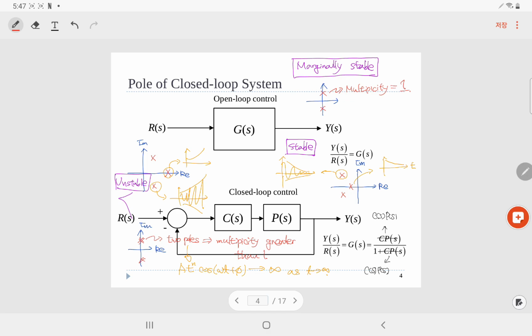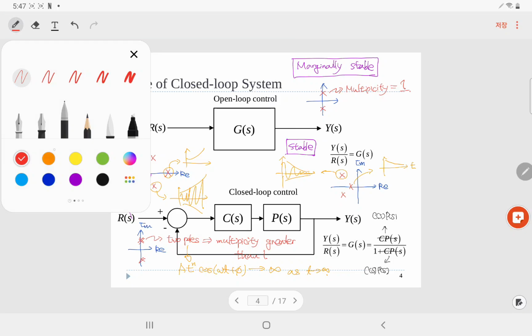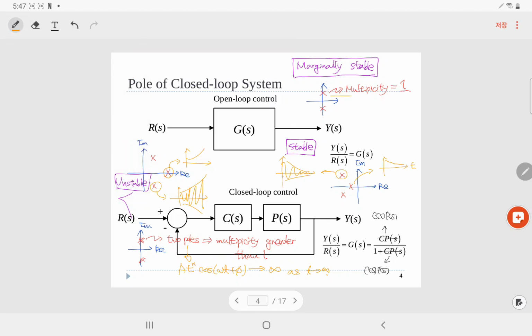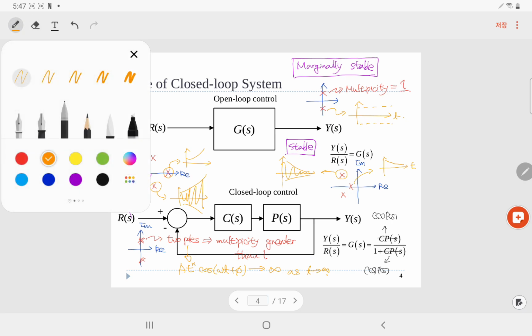In that case, such poles will produce the natural response like this. This is time t, and in this case the system response will oscillate, showing oscillatory motion within a boundary like this.